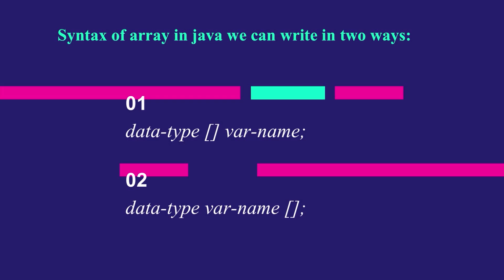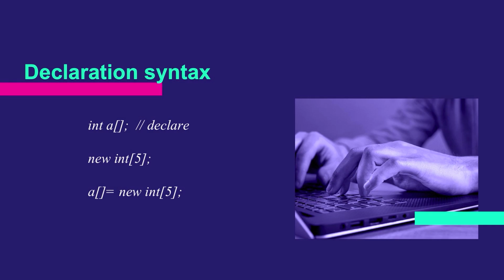For example, suppose we have to declare an integer type of array, like int a with the subscript operator. Integer is a data type and a is a variable. The variable a is called a reference variable in Java. Now we have to type new.